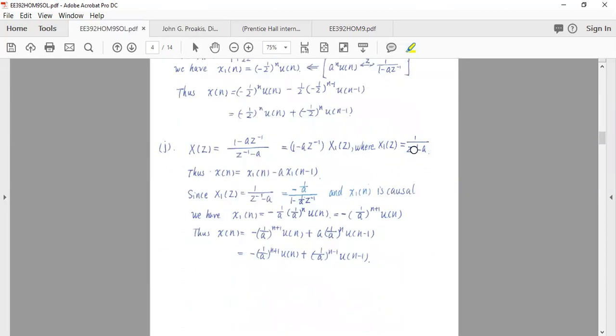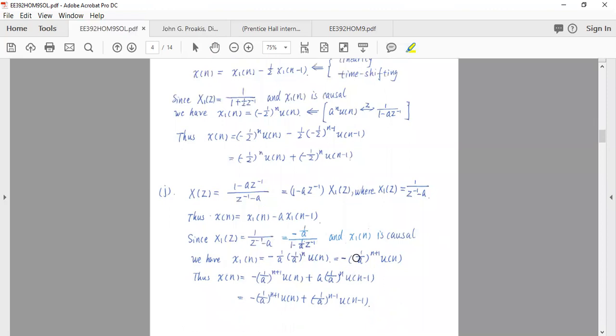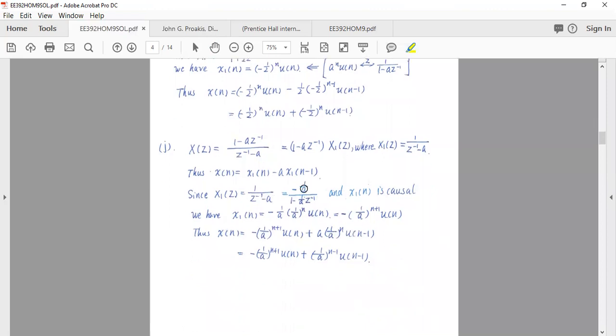So basically this particular term, x1 of z, is equal to 1 upon z to the power of negative 1 minus a, and can be rewritten as this over here. This is the signal we get. Based on this, using this property over here again, this negative 1 upon a is just a constant, so we keep it out.